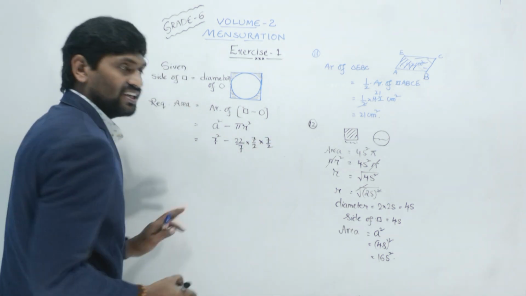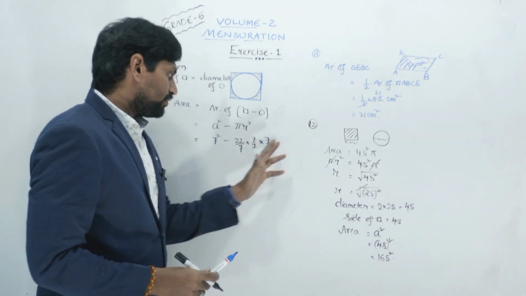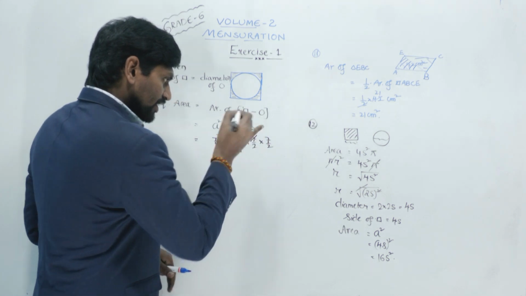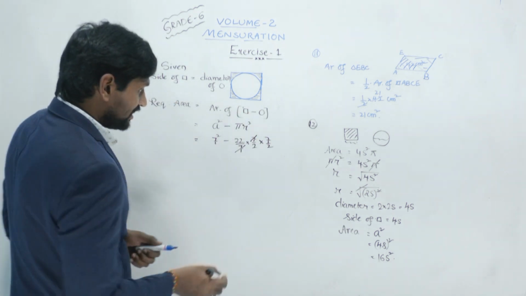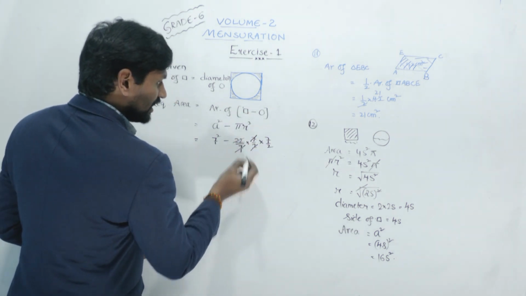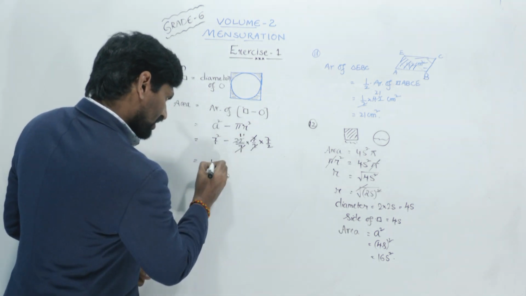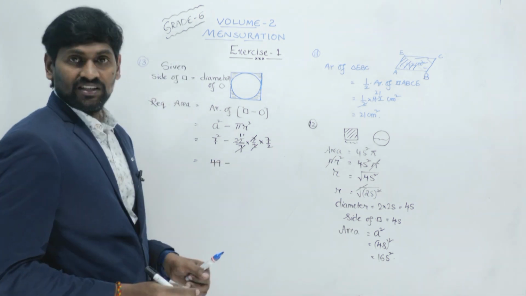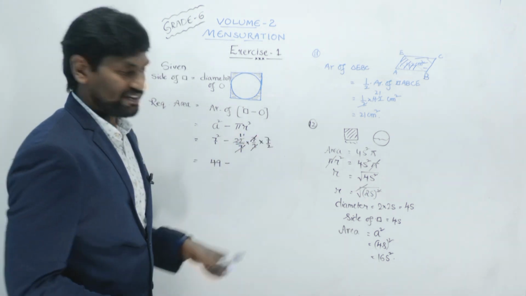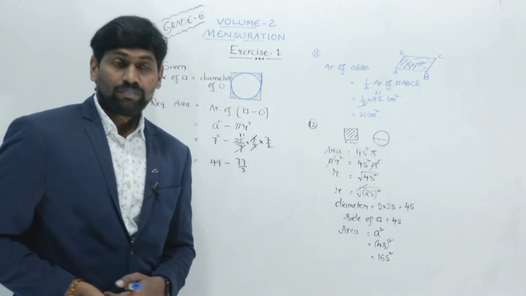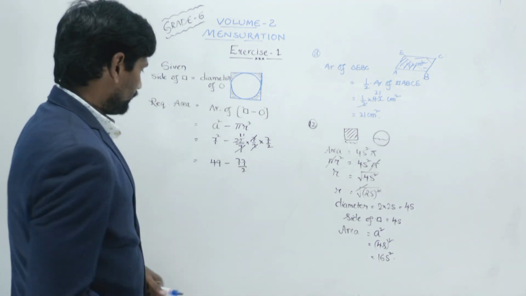R square means r into r, 7 by 2 into 7 by 2. Cancel here: denominator 7 and numerator 7 cancel. 2 elevens are 22. Now 7 square is 49 minus 11 into 7, 77 by 2.